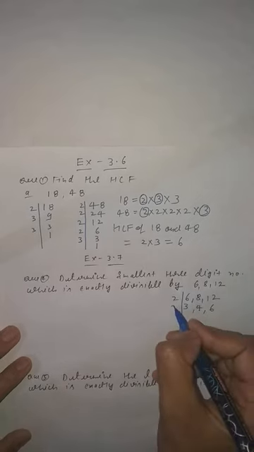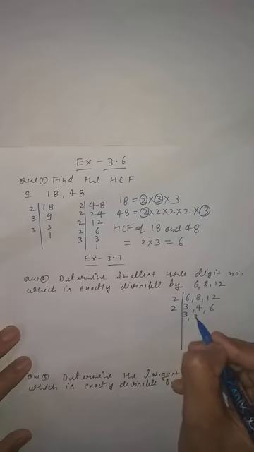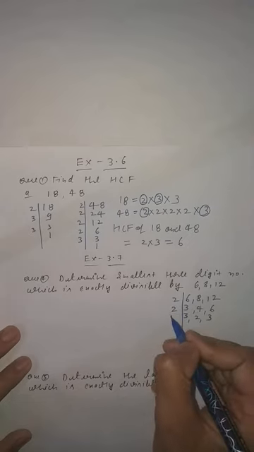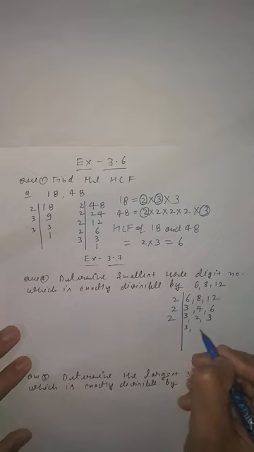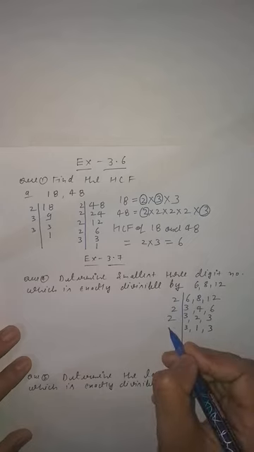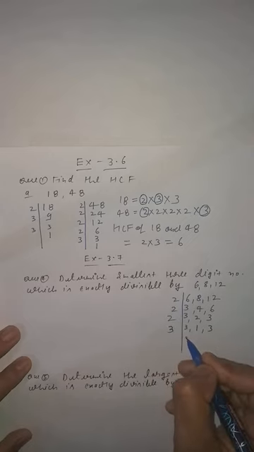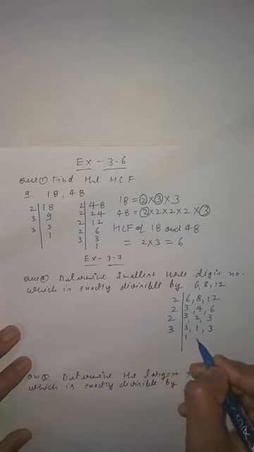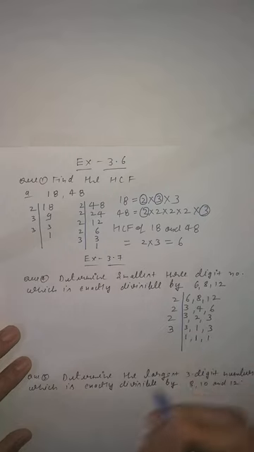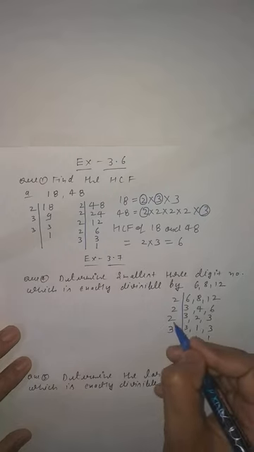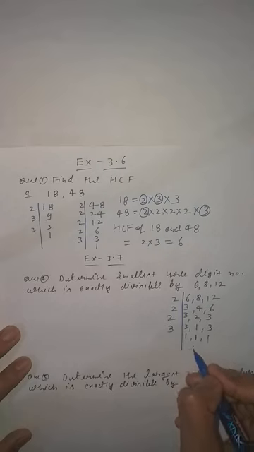Now next 3, 2 2s are 4, 2 3s are 6. Next 2, 3 is not divisible, so write it down. Then 2 1s are 2, then 3. Now next is 3, then 1 1. So LCM is what? 3 2s are 6, 2 are 12, 2 are 24.